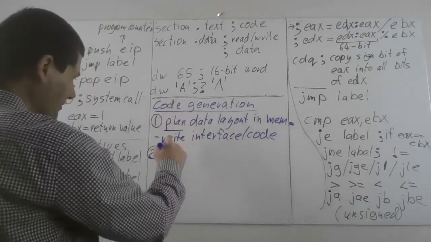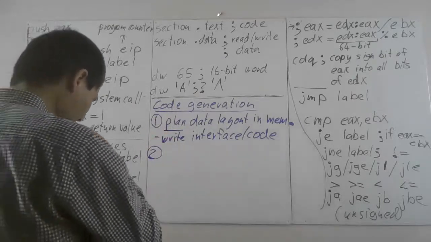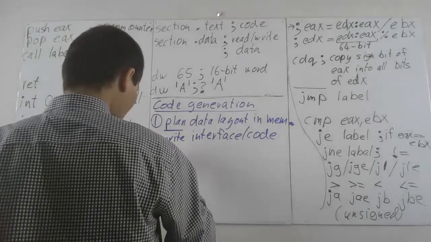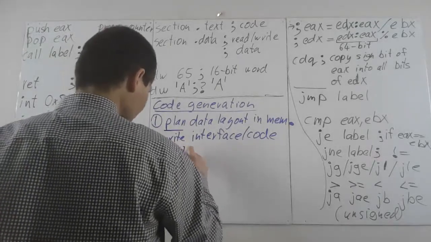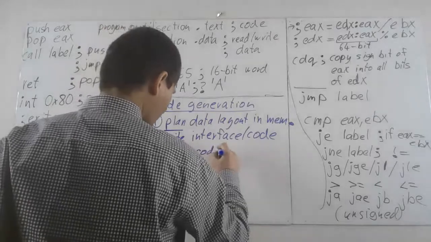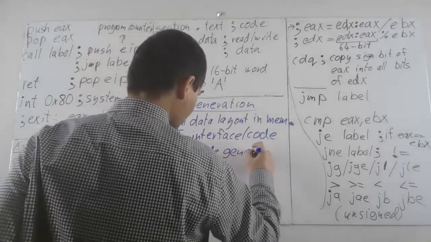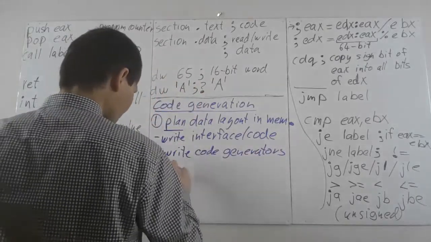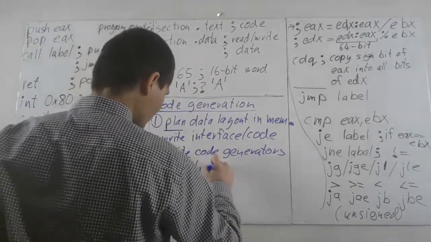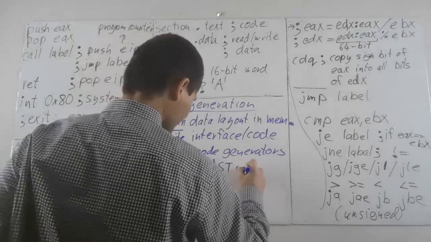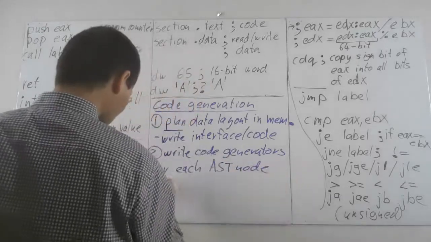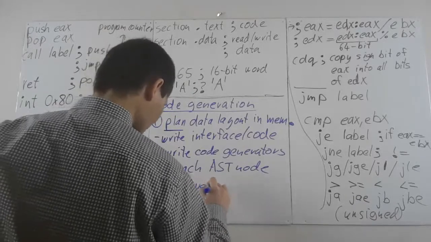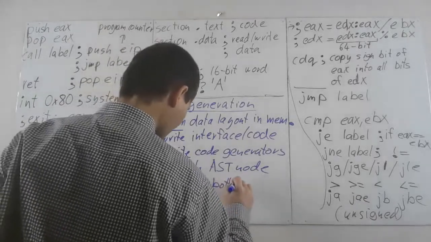Once you have the plan, this will be obvious, and that's to write code generators for each AST node, recursive, bottom up.